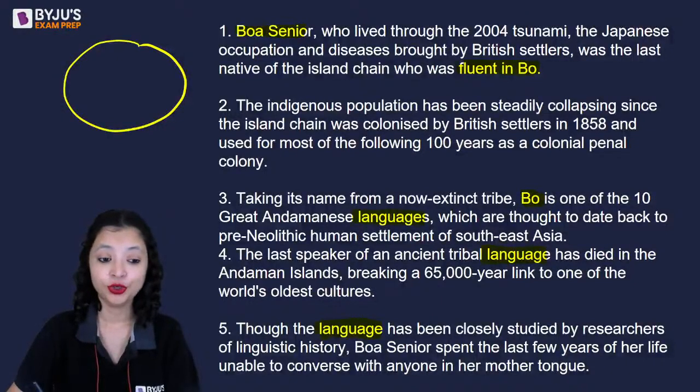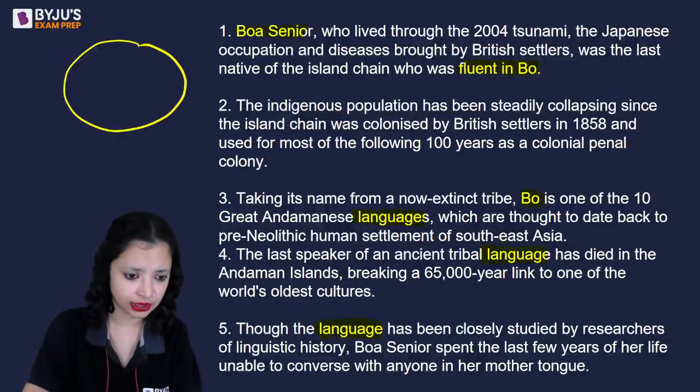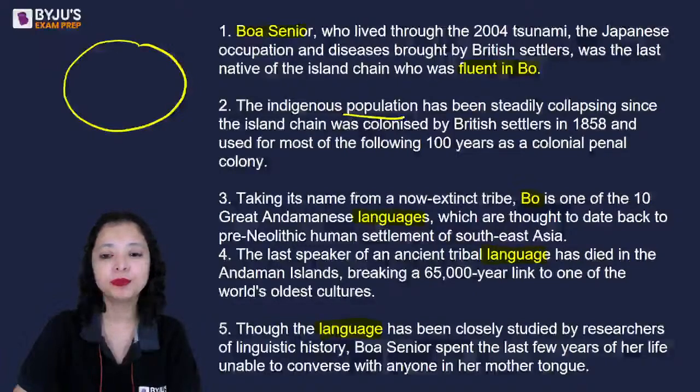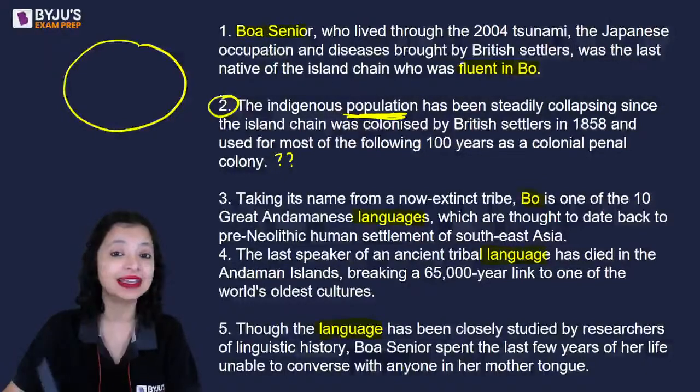But when you look at statement number 2, it talks about the population. It doesn't even refer to the language people speak. And that's why our odd sentence is the second one.